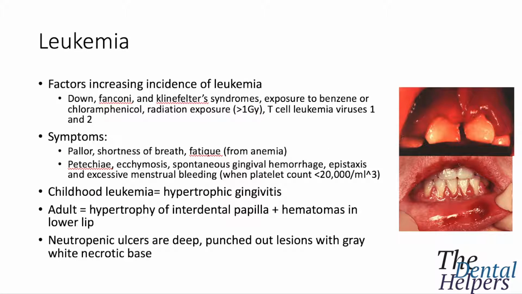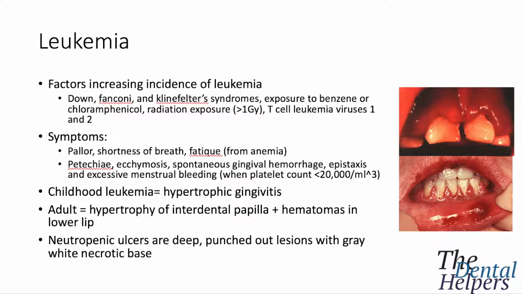Leukemia. Factors increasing the incidence of leukemia are Down, Fanconi, and Klinefelter syndromes, or exposure to benzene, chloramphenicol, or radiation, and T-cell leukemia viruses 1 and 2. Symptoms are pallor, shortness of breath, fatigue, petechiae, ecchymosis, spontaneous gingival hemorrhage, epistaxis, and excessive menstrual bleeding.